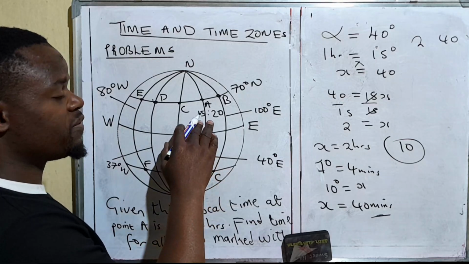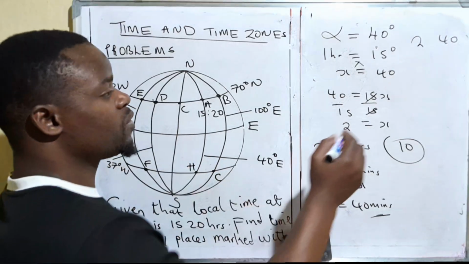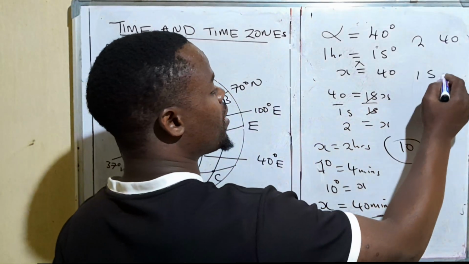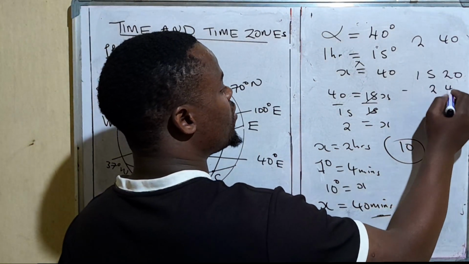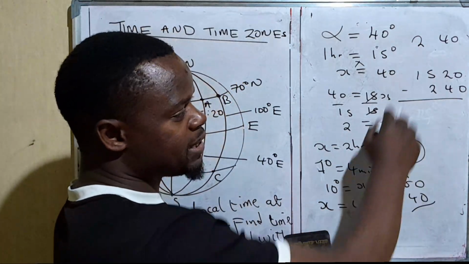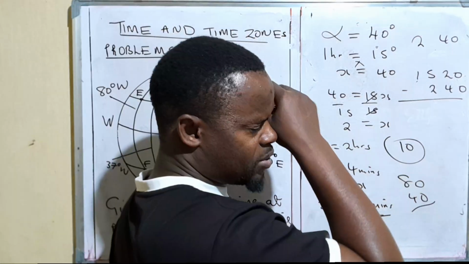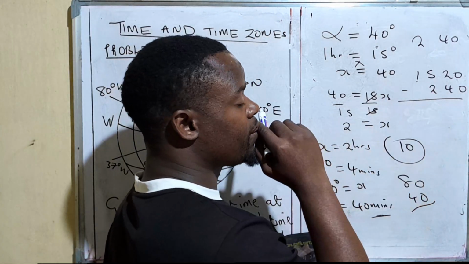So if it's 15:20 here, what's the time at C? We say 15:20 minus 2 hours, 40 minutes. All right, so now let's subtract this.